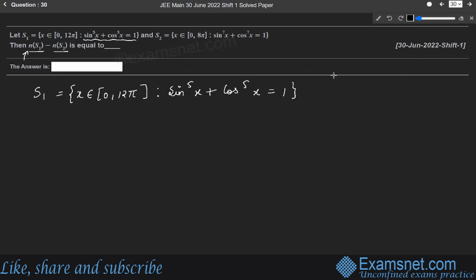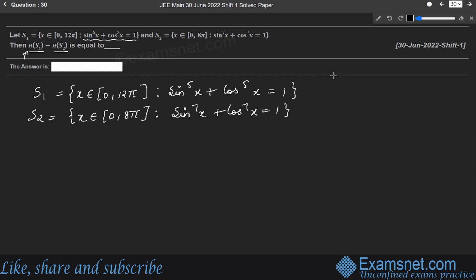Means when we put the values of x here, then this expression will be equal to 1. Set S2 is x belongs to 0 comma 8 pi such that sine power 7x plus cos power 7x is equal to 1.